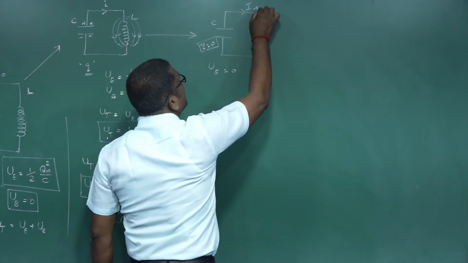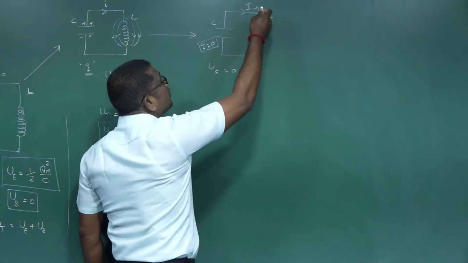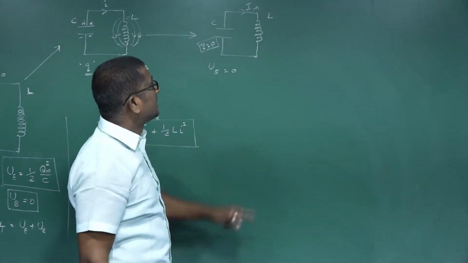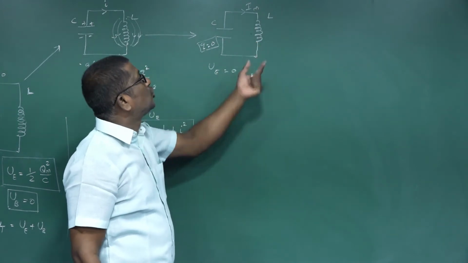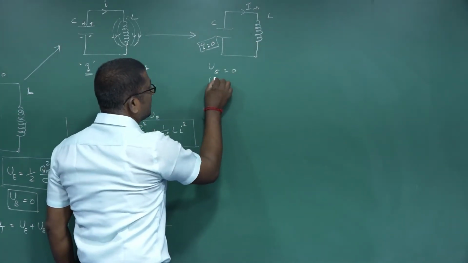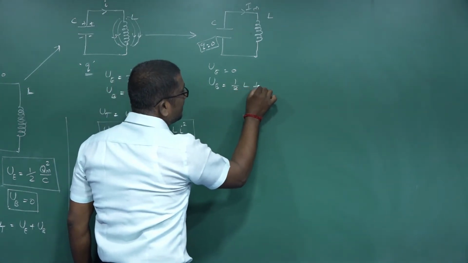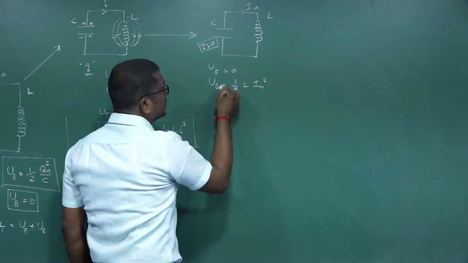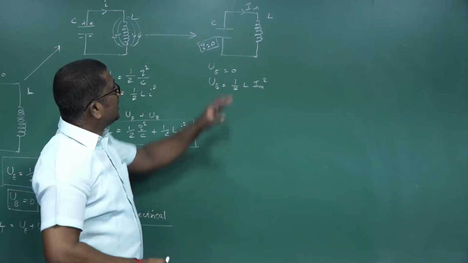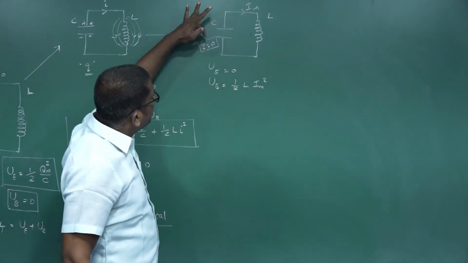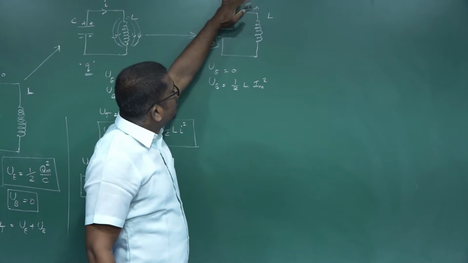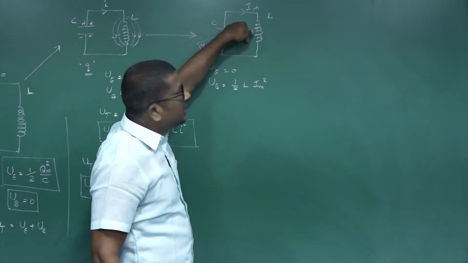Suppose I suffix M is the maximum magnitude of current flowing through the inductor. So the magnetic energy stored in the inductor is maximum, that is U suffix B is equal to (1/2) L I M squared. This is the maximum energy.